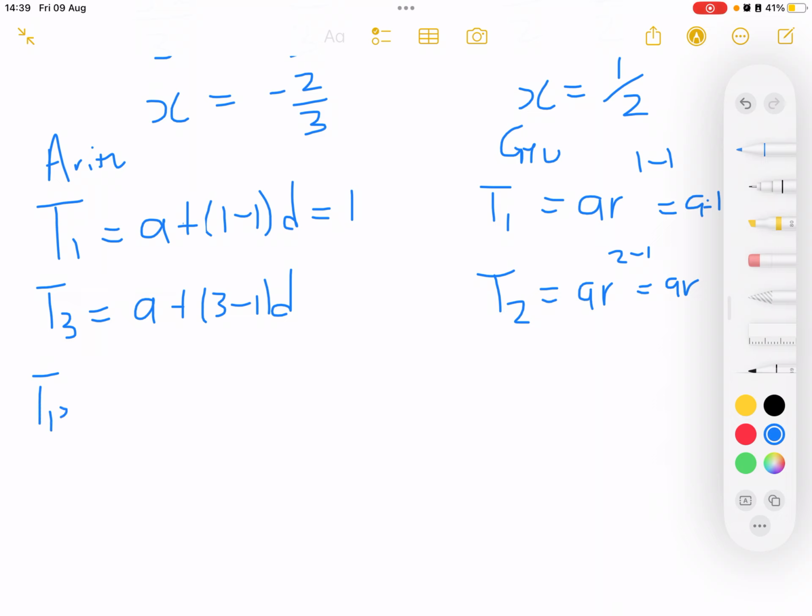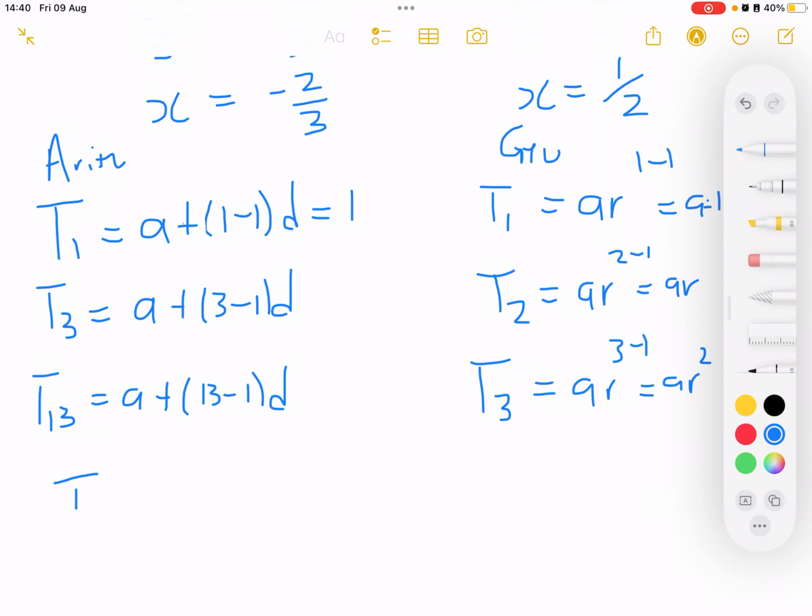And term 13 is given by a plus 13 minus 1 d, and is always the same as T3, which is ar to the power of 3 minus 1, which is equal to ar squared.